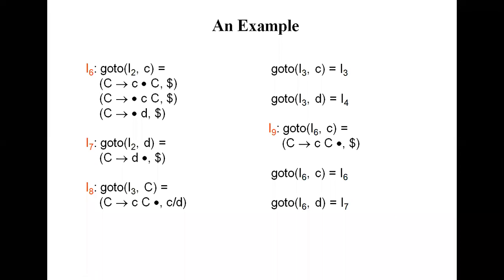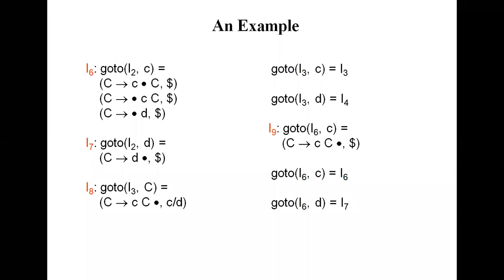Again, finding out, is there any more? See here, I8, C tends to CC dot with look ahead C or D, and in I9, C tends to CC dot with look ahead dollar. In both items, the production is same, but look aheads differ. That means I8 plus I9 is equal to I89. Make a note.